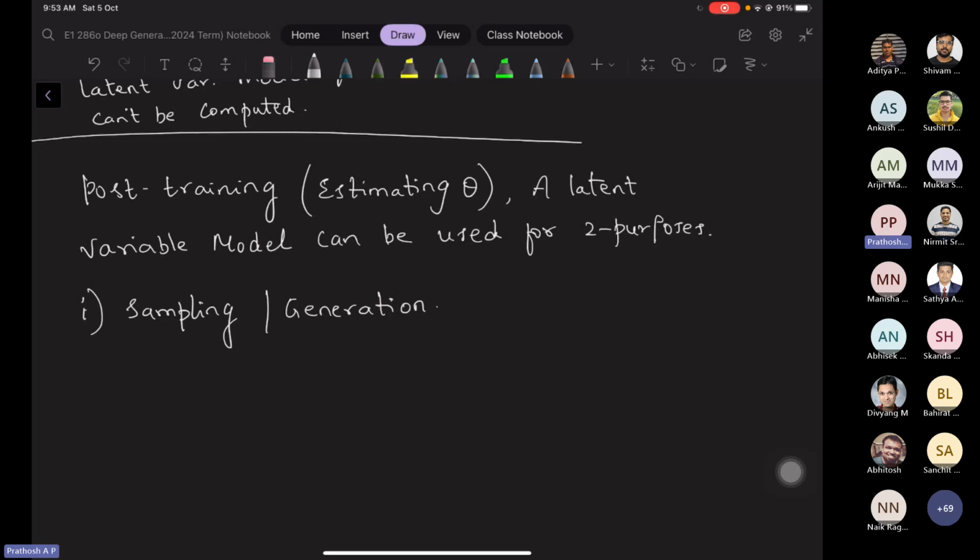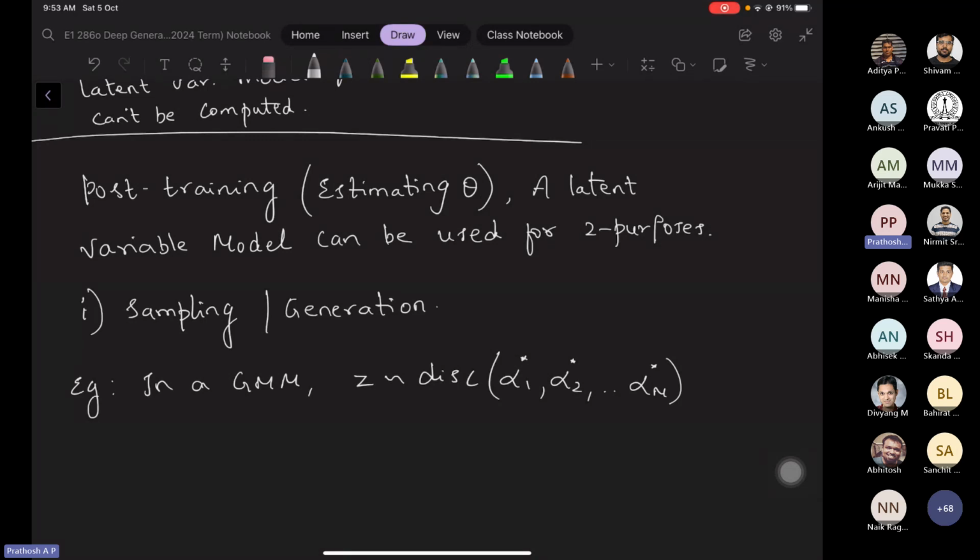Now, an example of how you do it in a GMM. First you sample a z from the discrete distribution alpha 1, alpha 2 up to alpha m. Note that all of these are estimated using the EM algorithm. Once you estimate them, this is actually tossing an m-faced die.